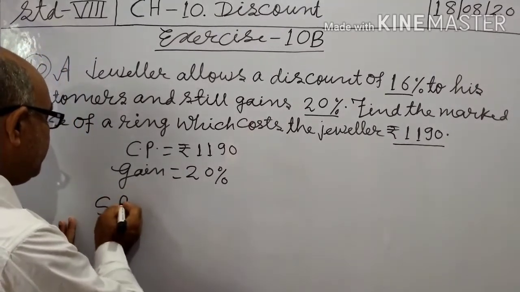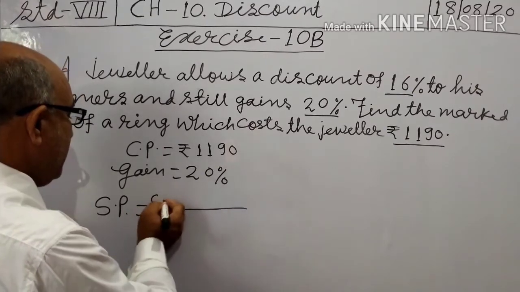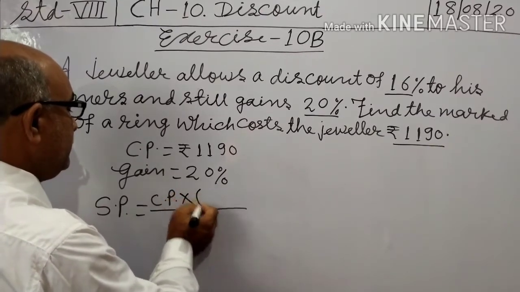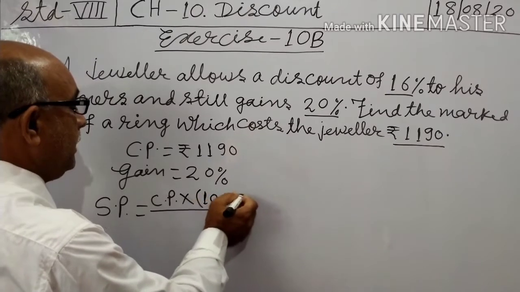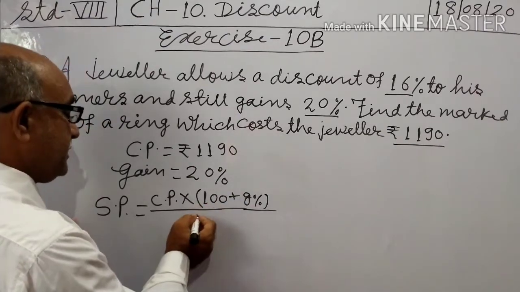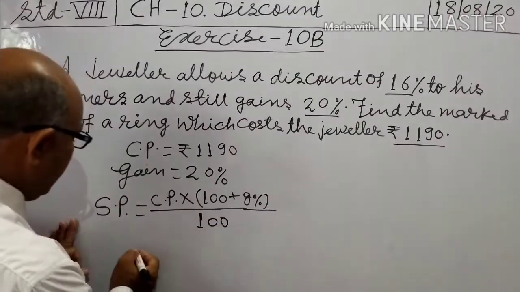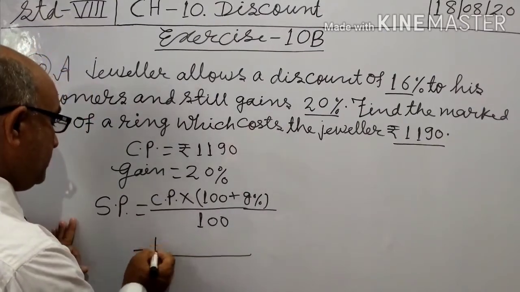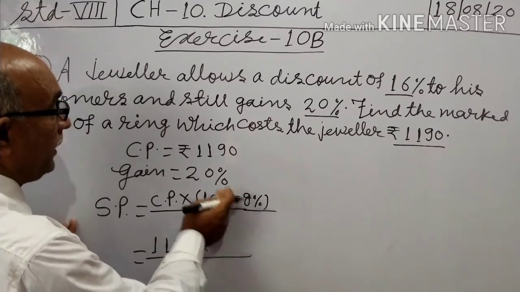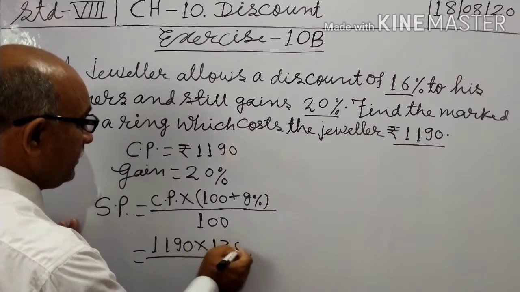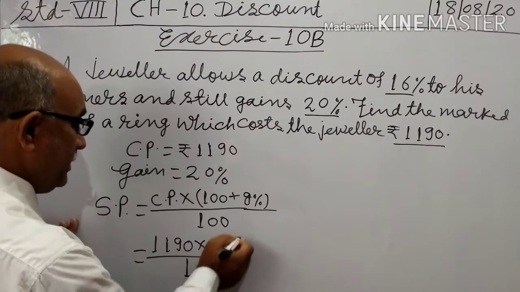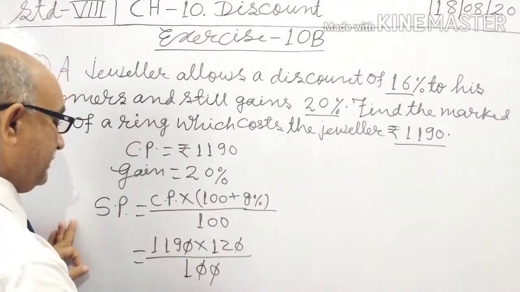So SP equal to formula is CP into 100 plus gain percent by 100, equal to 1190 into 100 plus 20, 120 divided by 100. Cancel 0 with 0, second 0 with second 0.